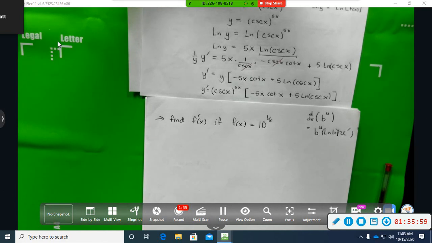So here the base is 10. The derivative of 10 to the 1 over x is 10 to the 1 over x times the natural log of 10 times the derivative of 1 over x. If you forget that derivative rule, just do the same steps you did in the last problem. You'll get the same answer.